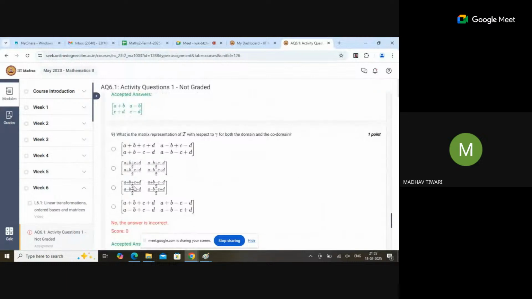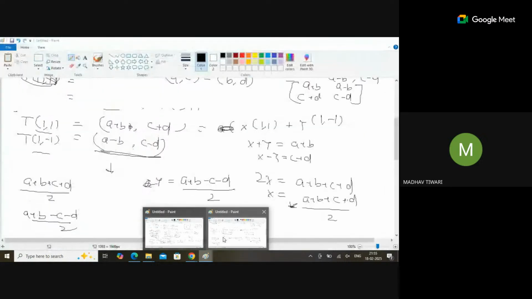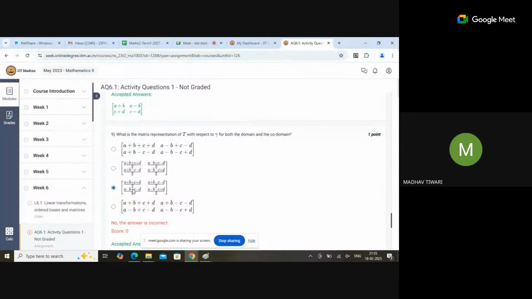Out of the options, I have to search for A plus B minus C minus D by 2. This one is correct. Our first column is matching with this one. I don't want to do the remaining part, you can do it yourself. Is that okay, or should I explain?